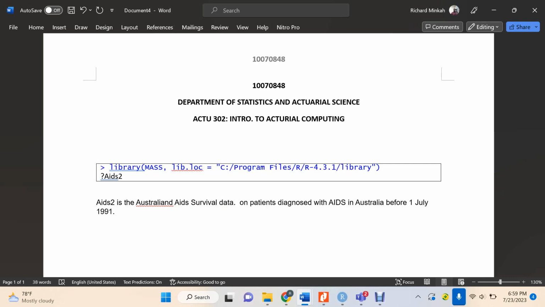Then the data contains information on patients diagnosed with so and so. So that's the description. You are done. That's it. Okay.